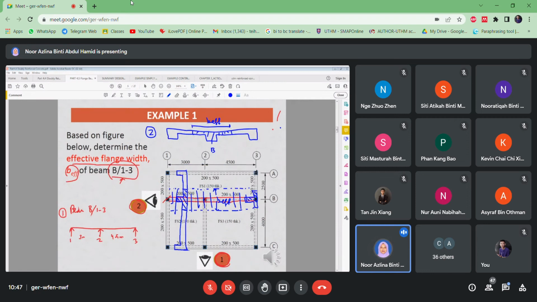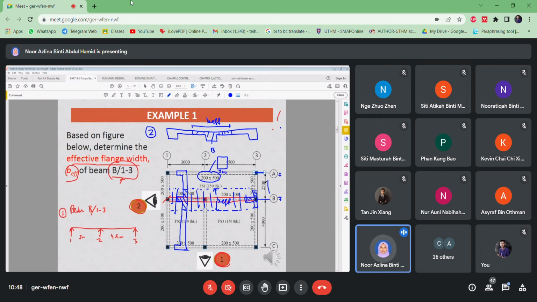So daripada center ke center 2500, you have to minus half of the BW, half of the BW here, which is, this is the size it's given, which is 200, dia punya width dia.